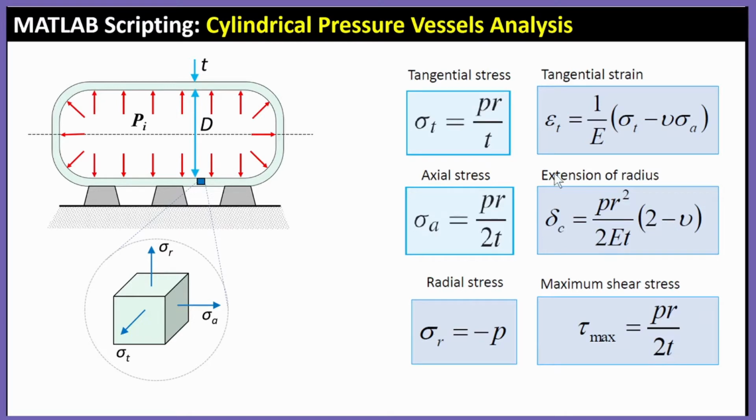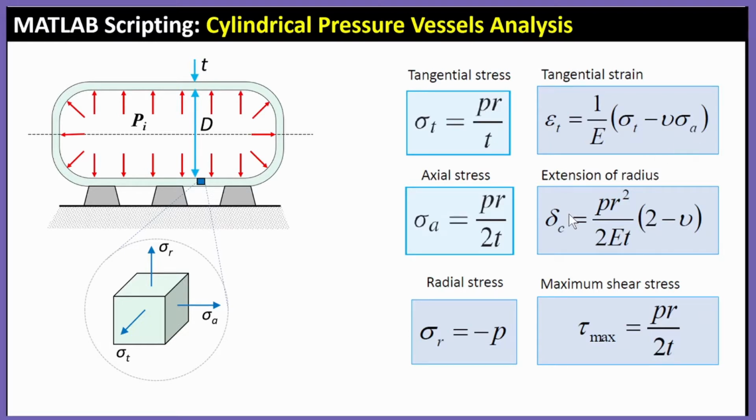The other terms that are important to consider are things like the tangential strain, the strain that you get as this pressure vessel continues to expand under the load of the pressure. The tangential strain, which is again the biggest strain that you will get in this model, is 1 over the Young's modulus, in brackets, tangential stress minus Poisson ratio times axial stress.